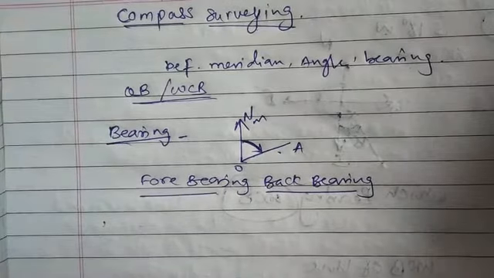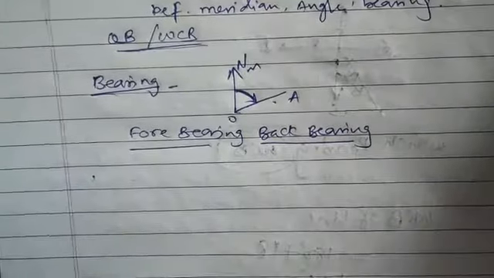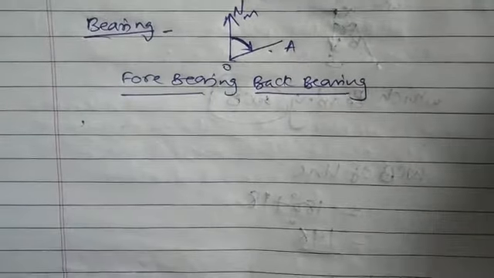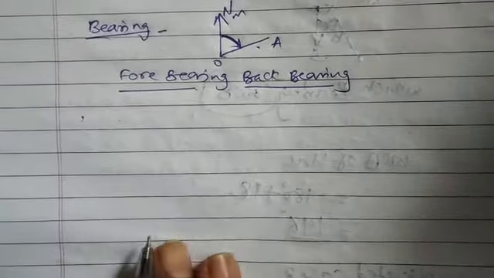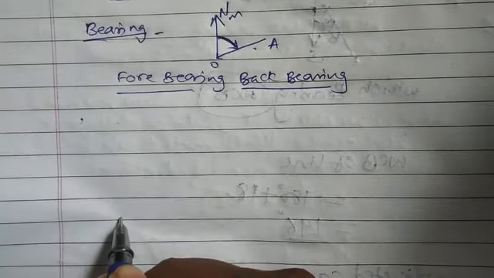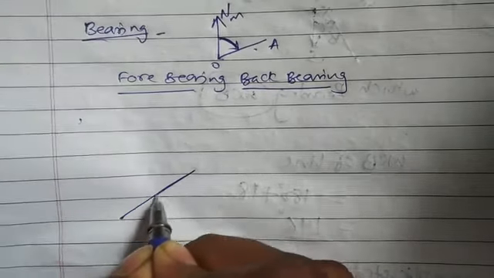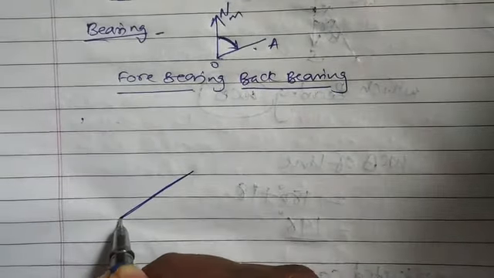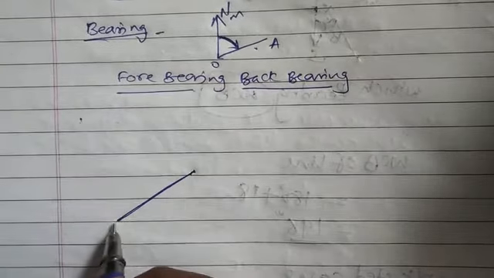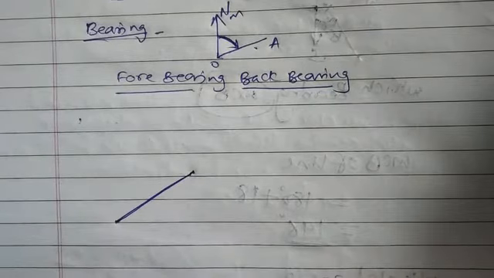Till now we have discussed how to measure the bearing of a line. Now let's see how to use this bearing for obtaining maps. In any survey, if we want to plot a line on the ground, it has two end points, one which is the starting point and the second one is the end point.